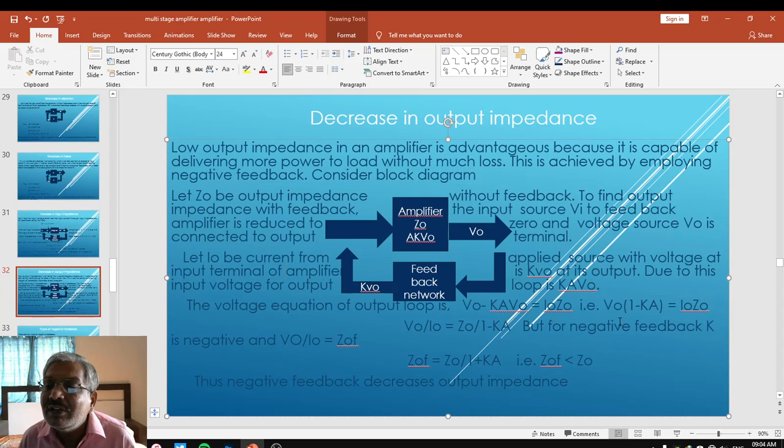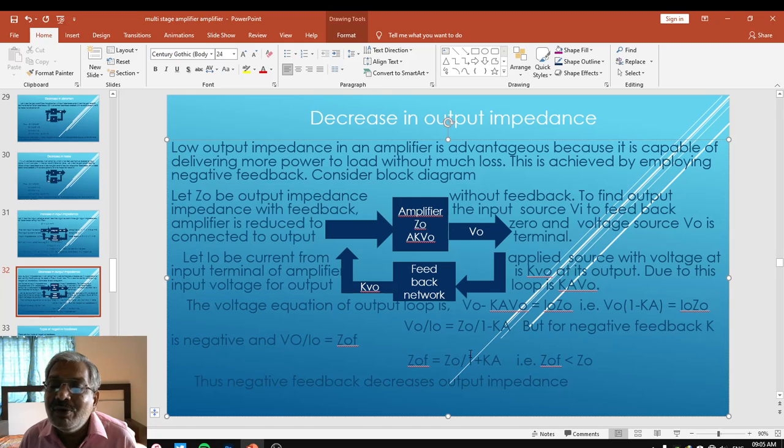Take Io to the left side, so as to get Vo upon Io equal to Zo upon 1 minus K into A. But for negative feedback, as usual, K is negative, and Vo upon Io is ZOF. Therefore, this equation becomes ZOF equal to Zo upon 1 plus K A.